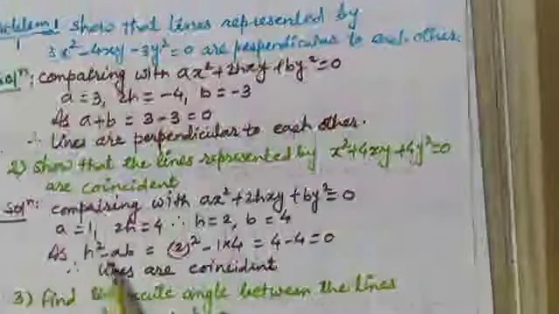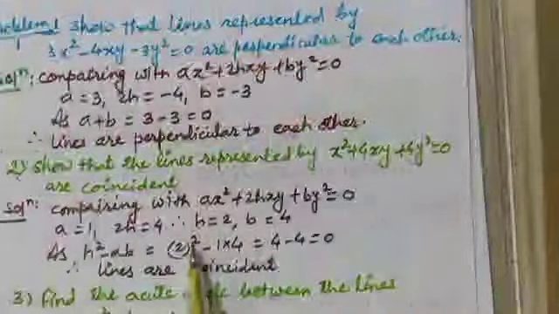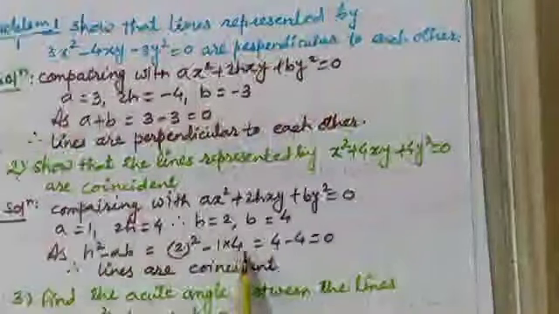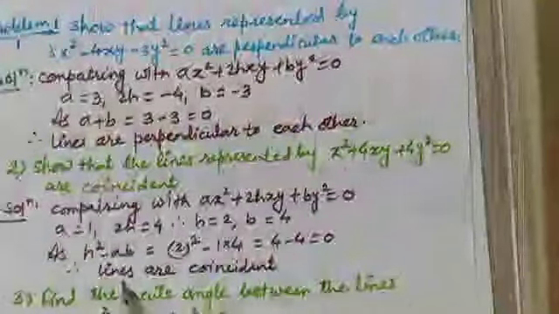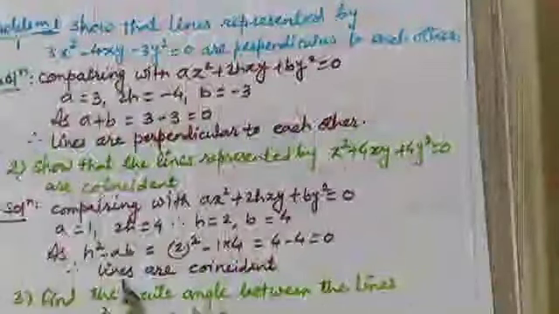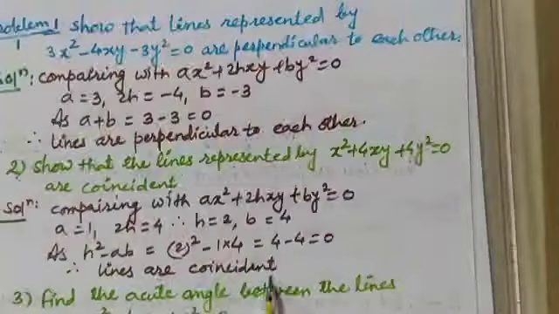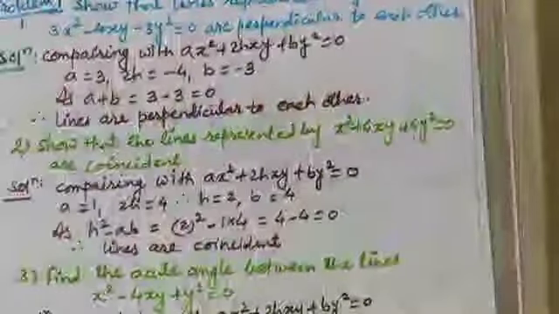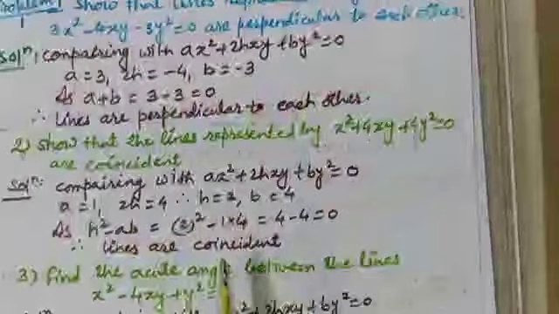Then h square minus ab: the value of h is 2, so 2 square minus ab, where a is 1 and b is 4, a into b is 4, so 4 minus 4 is equal to 0. As this condition is fulfilled, that is h square minus ab is equal to 0, the lines are coincident. These are very easy problems, we can understand them very easily. Just apply the condition for perpendicularity, a plus b should be equal to 0, and for coincident lines, h square minus ab should be equal to 0.